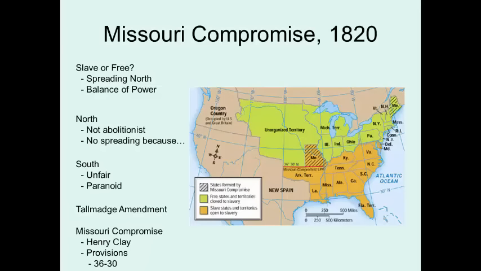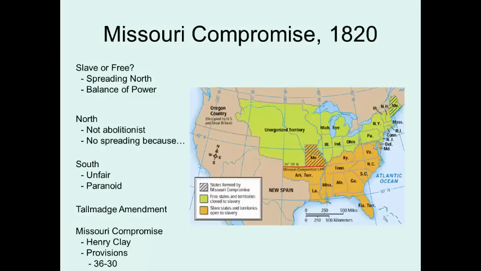Southerners, for their part, believe that cotton demands the use of slavery. And by this point, they're starting to get very, very paranoid about the North messing with it. So for the South, they think that this is incredibly unfair, that people are giving them a hard time. The slaves are their property.